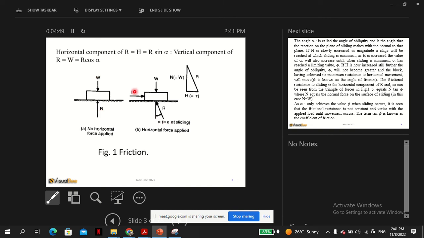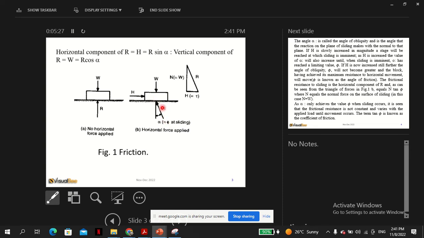Now when you try to apply a horizontal force such that the block does not move, the reaction is not the same, because here the only force applied is vertical, the reaction is vertical. But here we have a vertical force but also horizontal, so if the block is not moving, the reaction is no longer vertical, but in some direction.